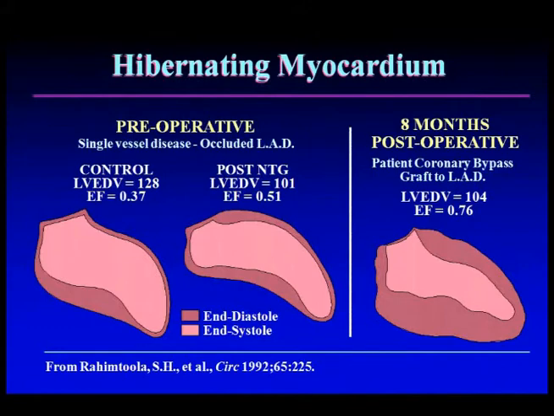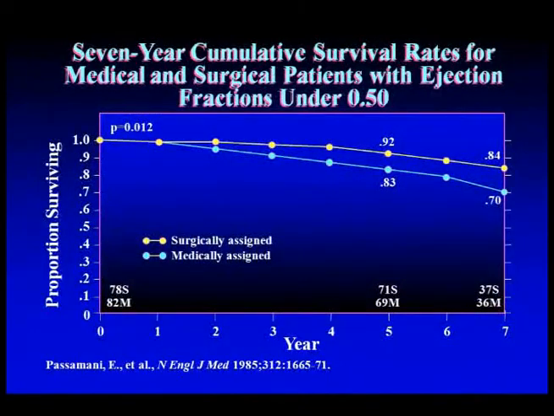Stunned myocardium, the classical example is that you put a clamp on an animal's coronary artery and you get a wall motion abnormality during the occlusion. This occurs within seconds of clamping the coronary. If you have a clot in a coronary, you'll get a wall motion abnormality again within seconds. And then if you restore flow, you put a stent in the vessel or you take the clamp off, you still get a persistent wall motion abnormality despite reperfusion and viable myocytes.